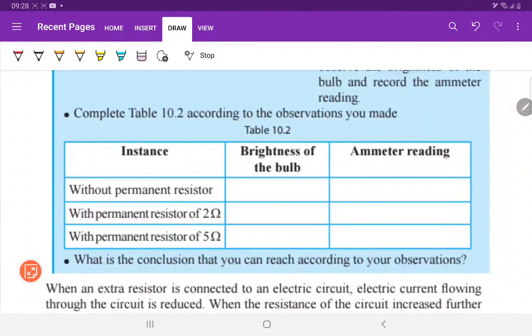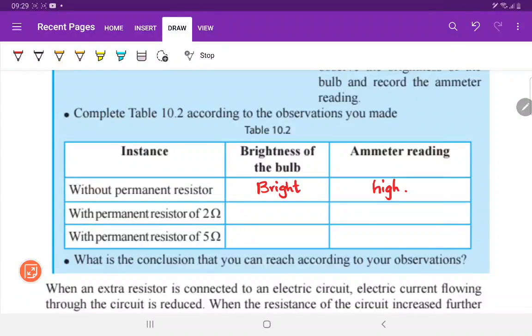Now the brightness of the bulb and the ammeter reading: without a fixed resistor, the ammeter reading will be high and the bulb will be brightest. Bright, and the ammeter reading will be high.